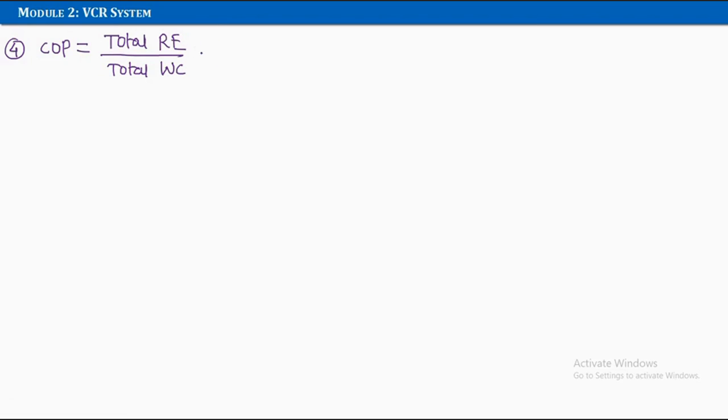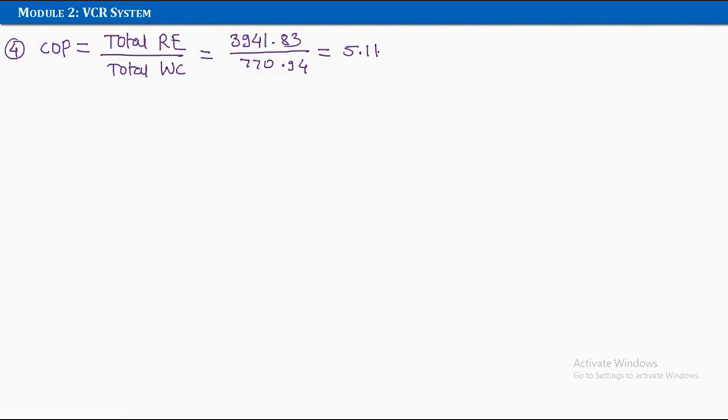The total refrigerating effect we have calculated is 3941.83, divided by 770.94, the total work of compression. If I find this value, it comes out to be 5.11. This way we can find the COP.